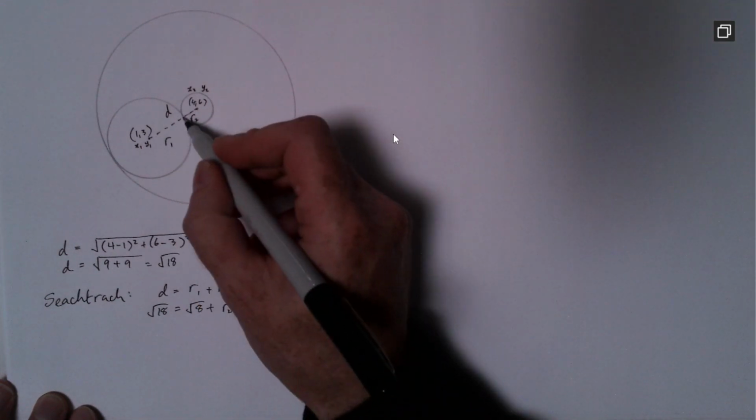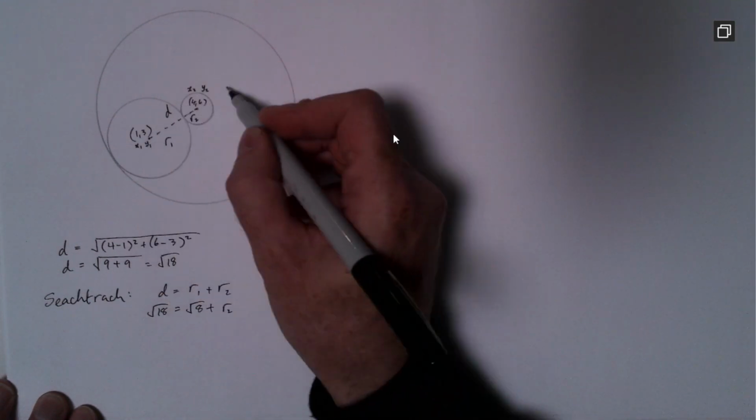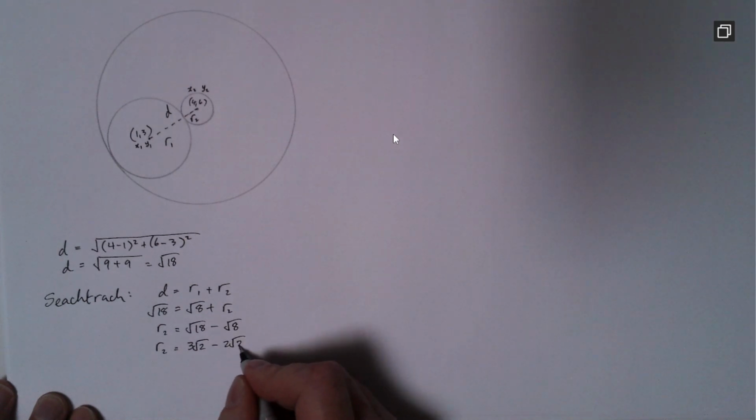The question gives the radius as r2. Because we know the sum r1 plus r2, we can find d. So r2 equals the difference of the square roots, which simplifies to the square root of 2, so that's the radius.